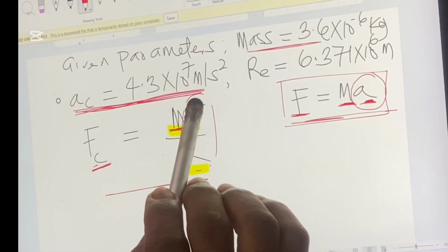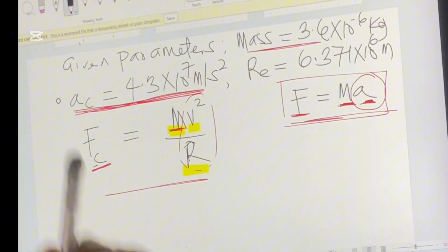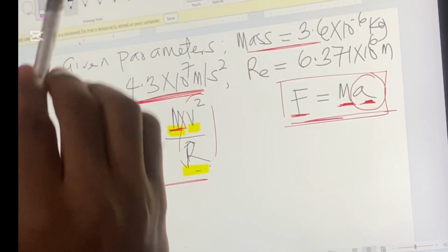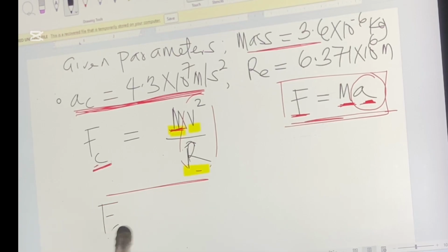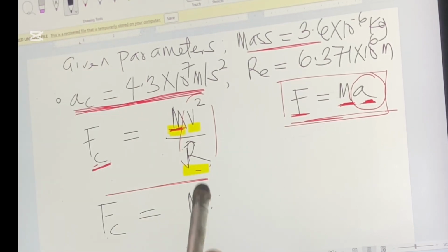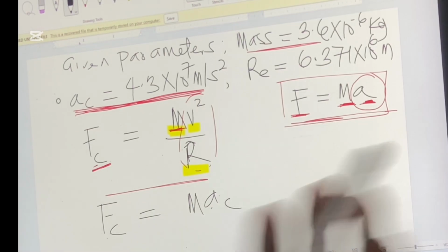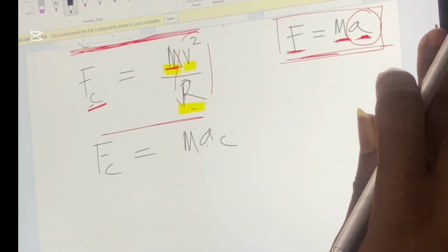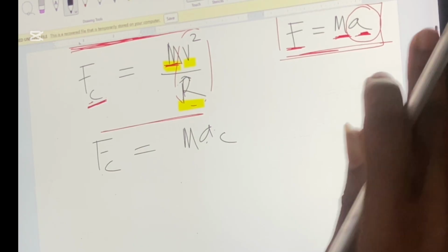So the whole of this, v square over r, will be ac, so Fc is m times ac, and the ac represents centripetal acceleration.